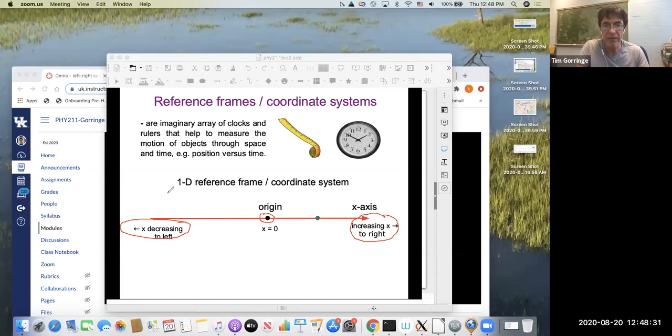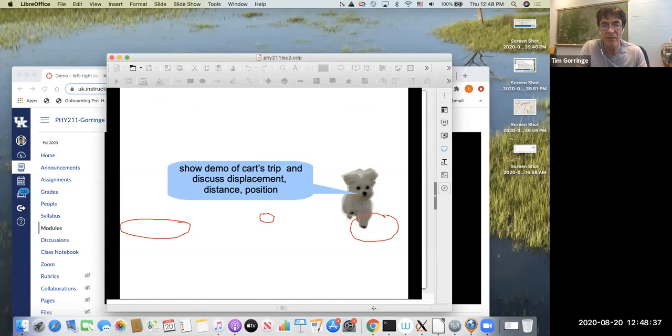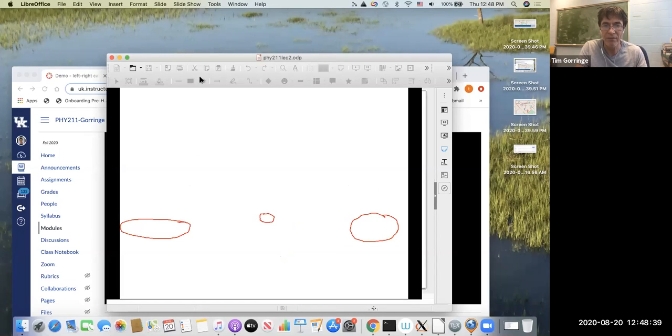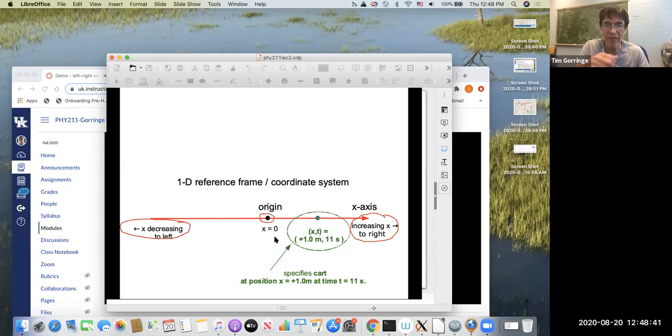I've added a point on this sketch of the reference frame. Here it is.